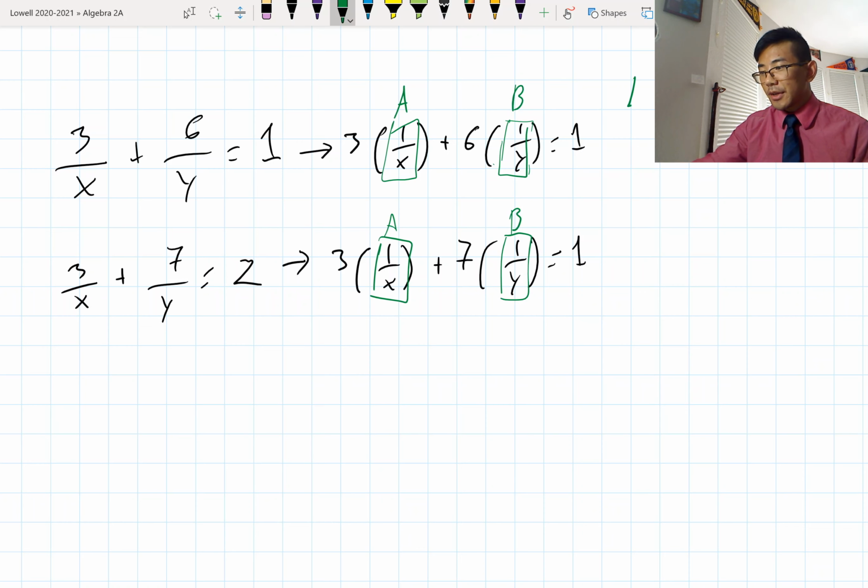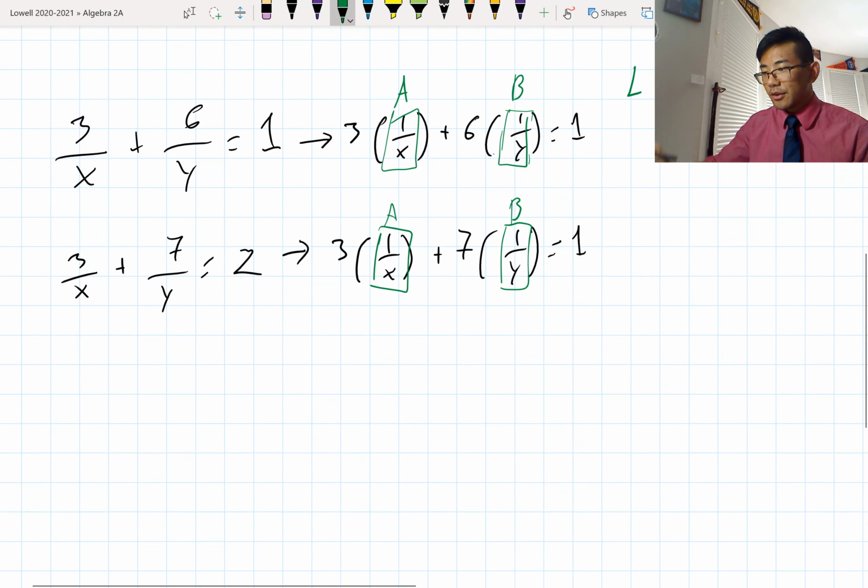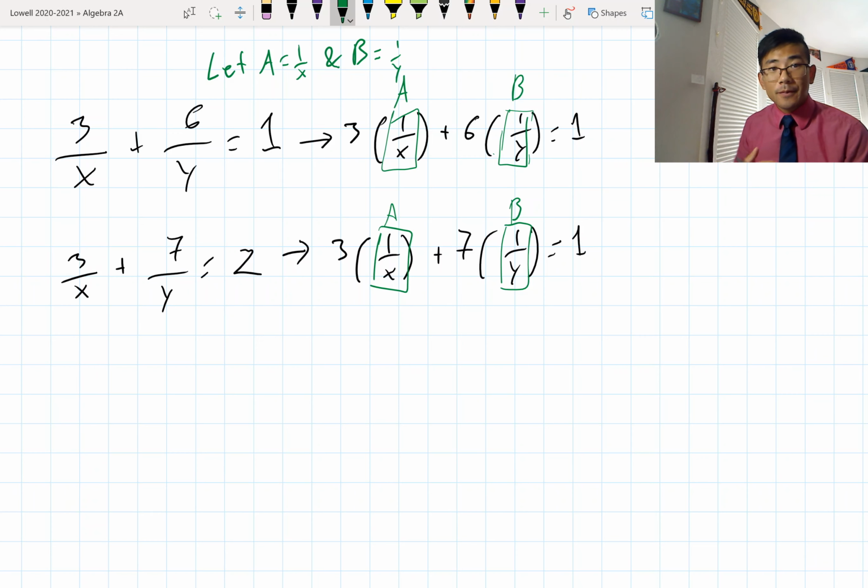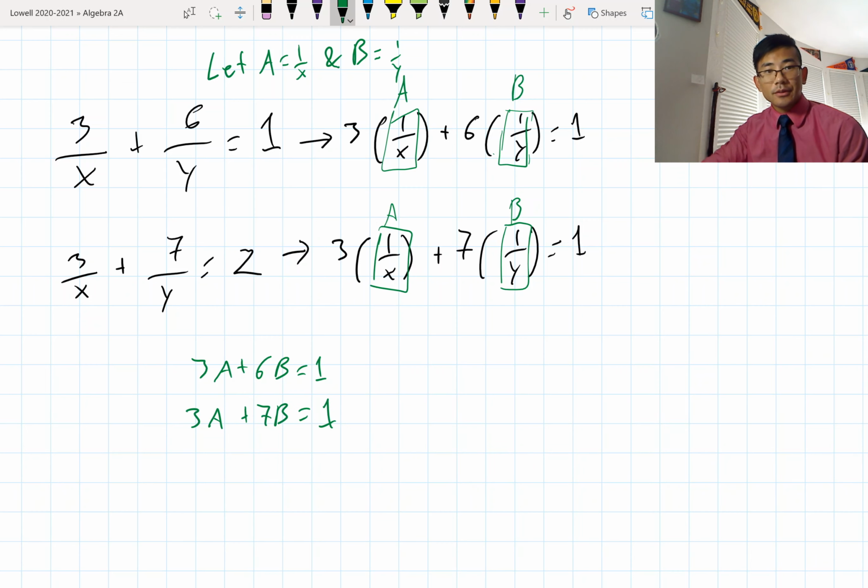Really, we're making a substitution where we say, let A equal 1 over x and B equal 1 over y. So now our system looks like this: 3a plus 6b equals 1, and 3a plus 7b equals 1. This is a system we could solve because it's 2 equations, 2 unknowns. Let's just go for it.